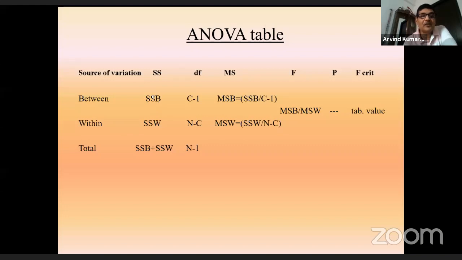I just told you that this can be obtained by doing the square of every individual sample total, and then that value will be divided by its n. Likewise, every sample's total and division of n will be totaled, and from that the correction term value will be subtracted. Then within it is SST minus SSB, and total is actually total of SSB as well as SSW.